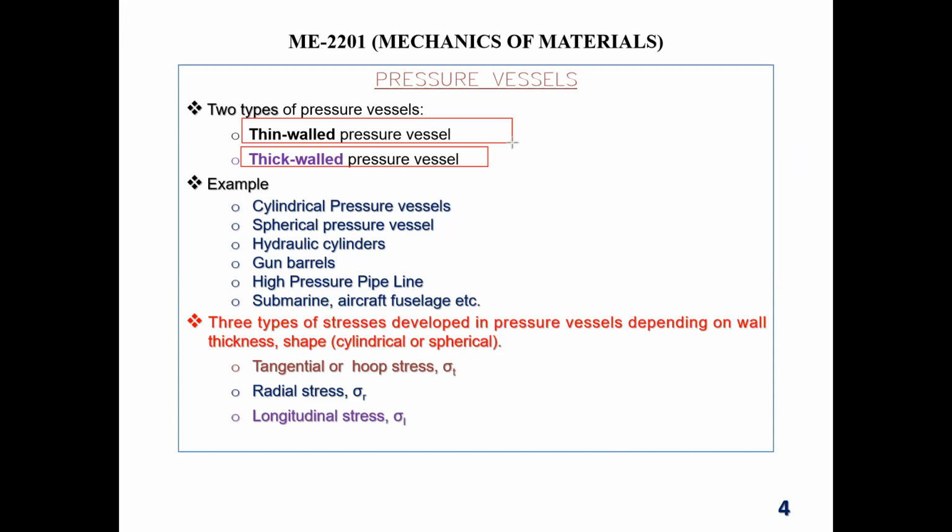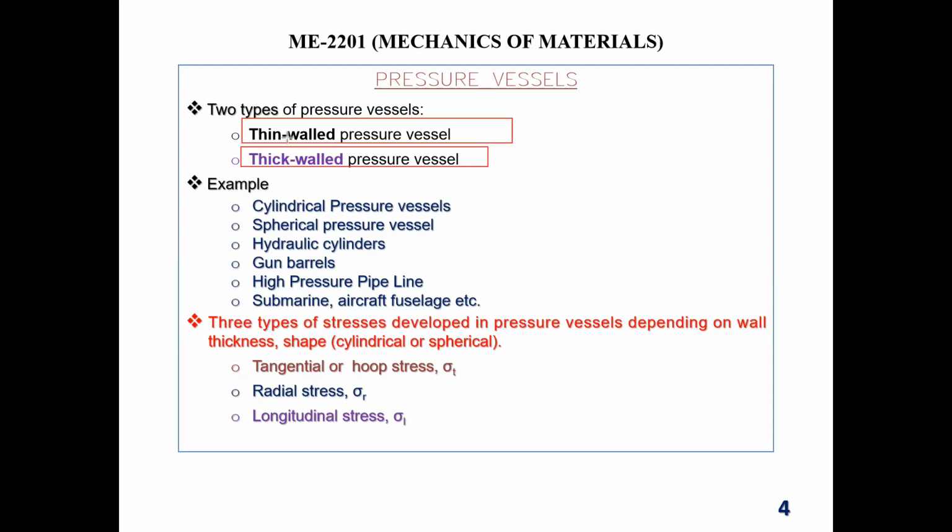Thick wall has a bigger equation, you have to derive it in a different way, and normally they teach it in masters. I don't see any thick wall pressure vessel taught at the undergraduate level. So in this course, we learn only about thin wall pressure vessels.